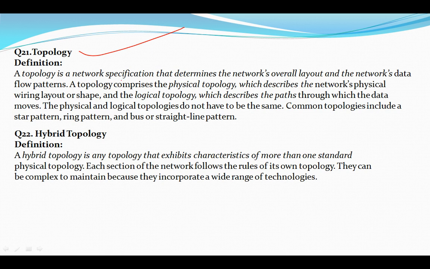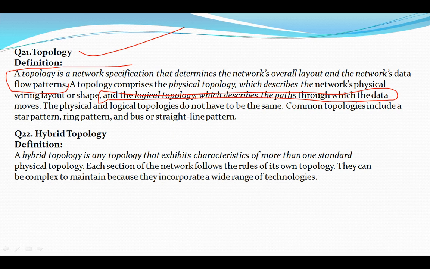A topology is a network specification that determines the network's overall layout. That is what I told you, physical connection or physical layout, and the network's data flow patterns, how data will be communicating or transmitting over the network. A topology comprises the physical topology, which describes the physical wiring layout or shape, and the logical topology, the path of the network, how data is going to travel throughout the network.